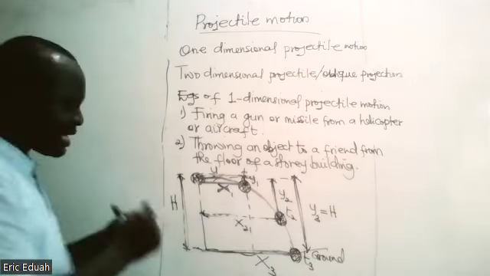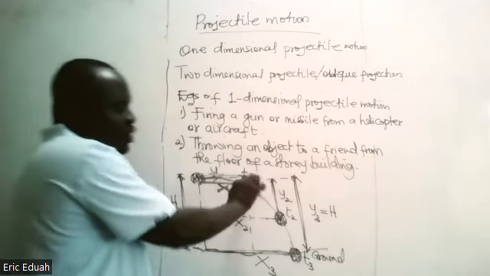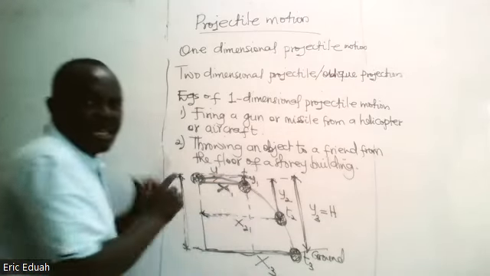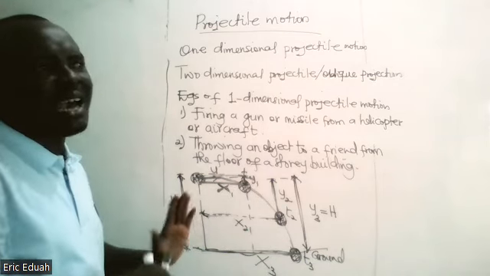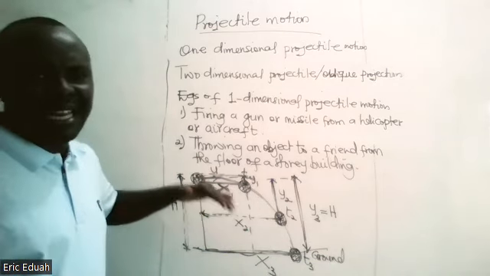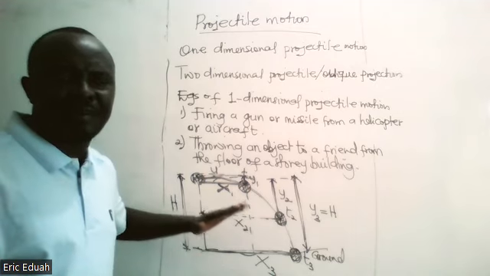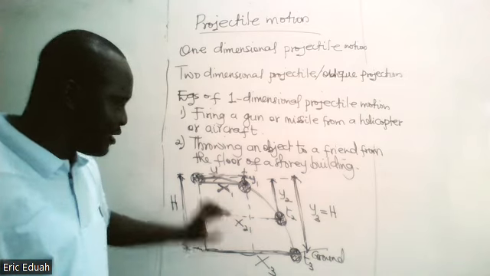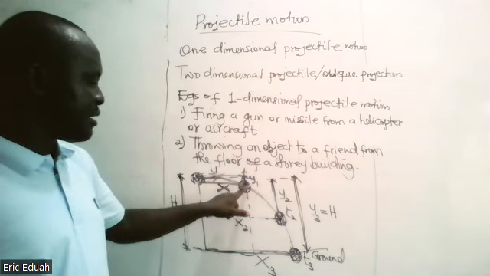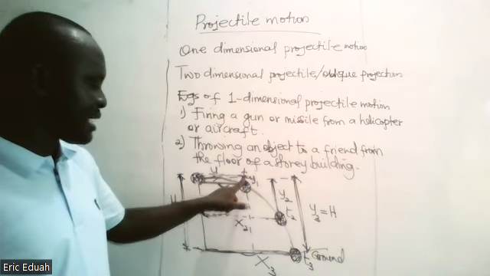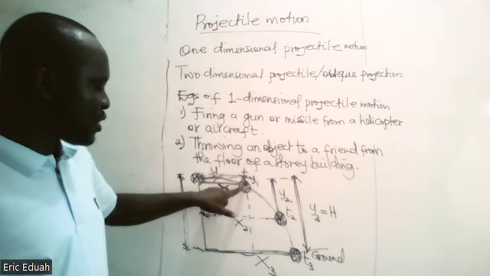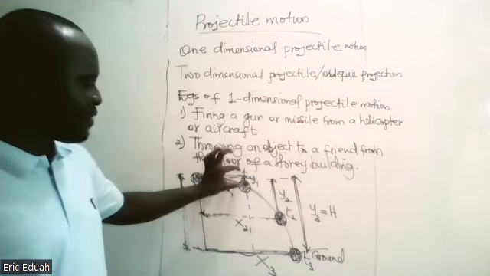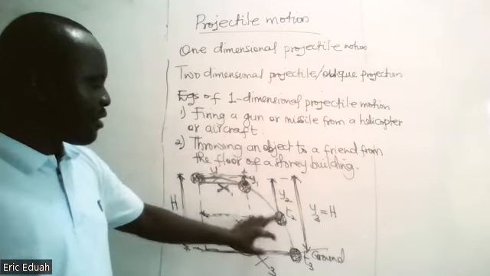So what is the observation? The observation is that at every new position of the body, there is a vertical height covered and then a horizontal distance x covered from the original position. So at time t1 seconds, the body will cover a horizontal distance x1, a vertical distance y1.